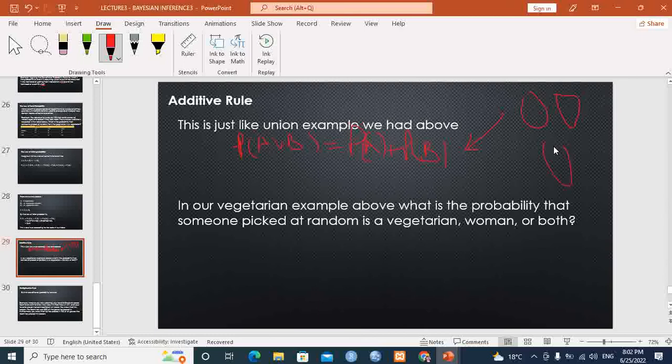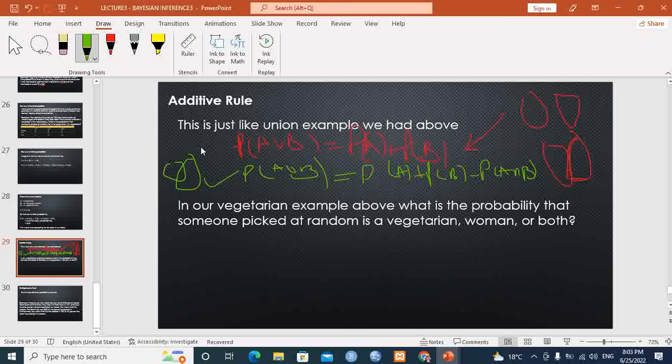If two events intersect, then we have an intersection here, and the probability of A union B is equal to the probability of A plus the probability of B minus the probability of A intersection B. So this is when we have two events intersecting, and the earlier one is when two events do not touch each other. Let's take an example and look at how the additive rule works.